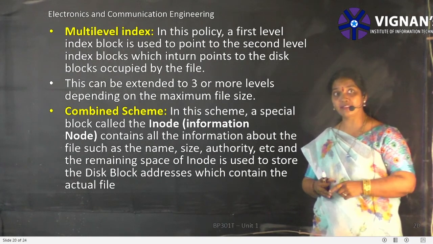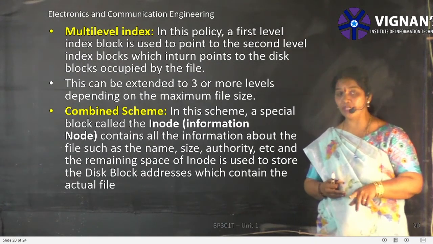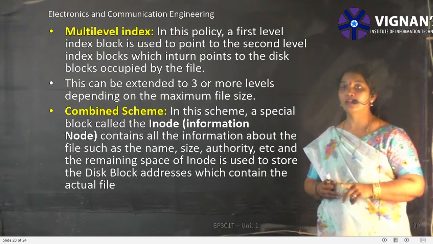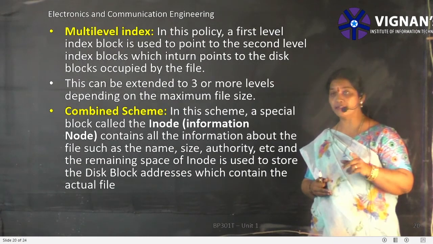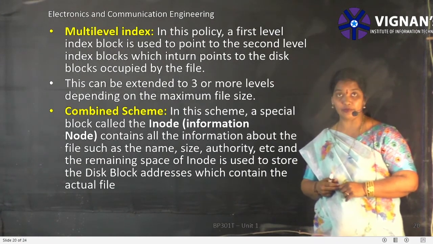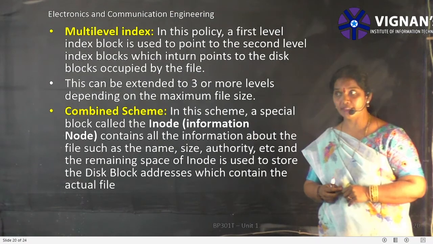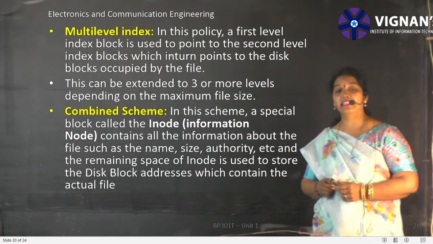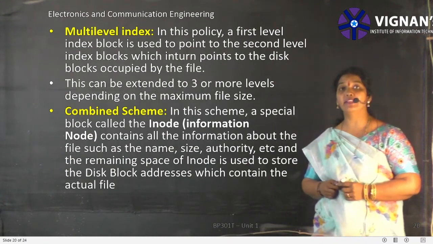The next scheme is a combination of the linked index and the multi-level index. That is our combined scheme. So what is this combined scheme? The first one is the linked index, which we have seen. And the second one is the multi-level index.